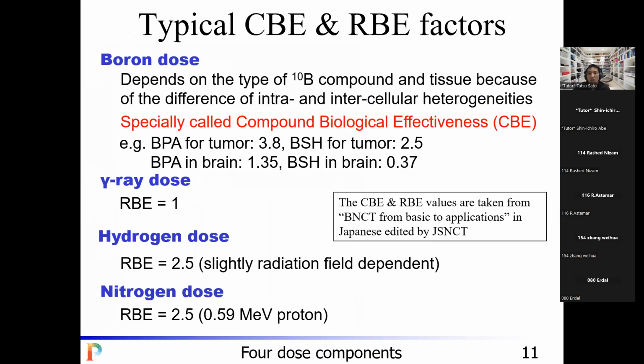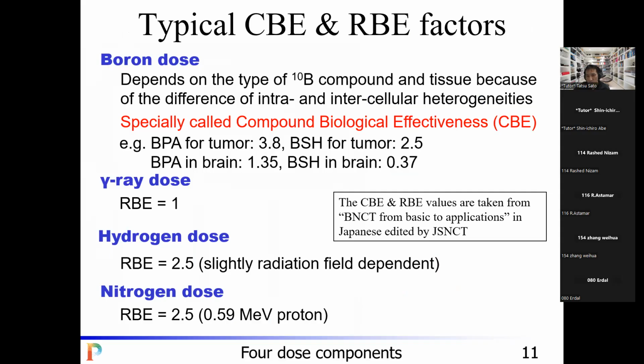Okay, so next, I would like to talk about the CBE and RBE factor. As I said before, RBE is different by radiation.